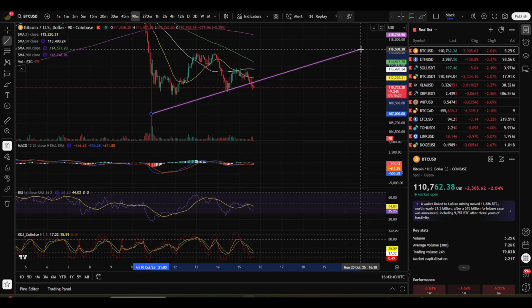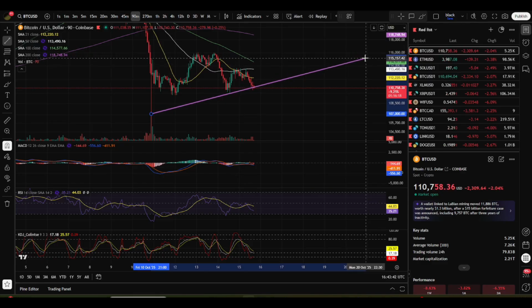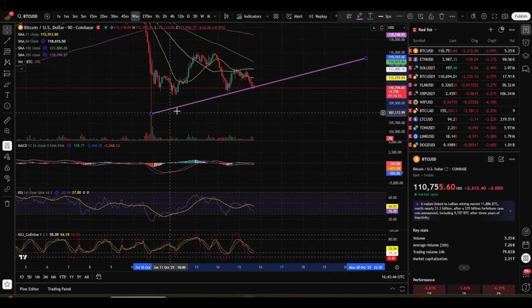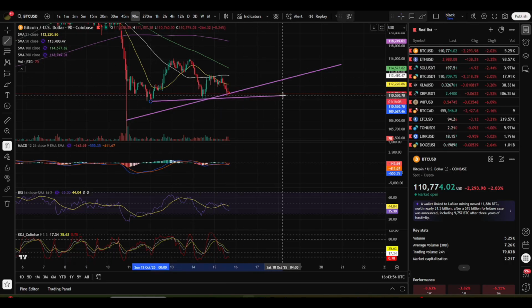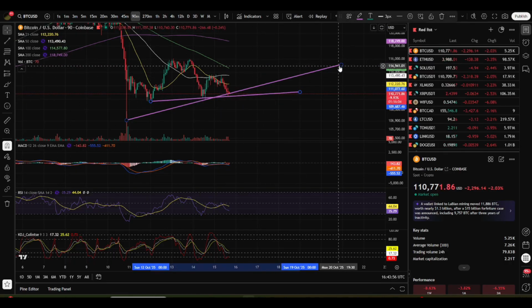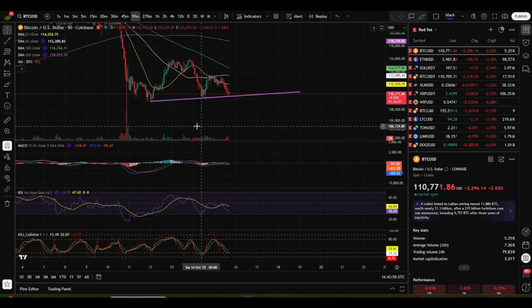If we do a little line like that, it looks like this trend line isn't very good, is it? So this is where we will discuss the trend lines. There's more than one trend line constantly, and you need to be aware of that. If we pull this trend line, this is a much more realistic trend line.